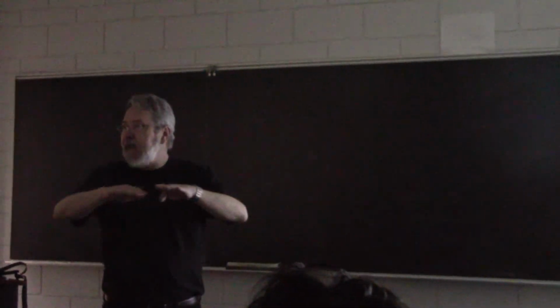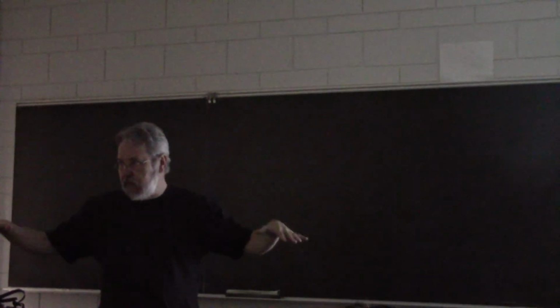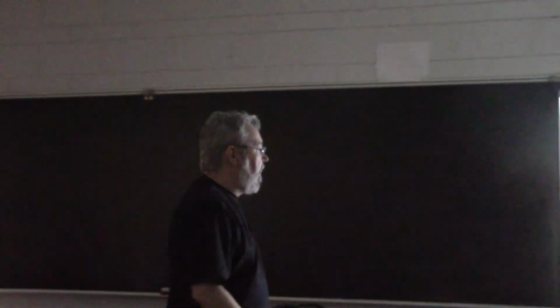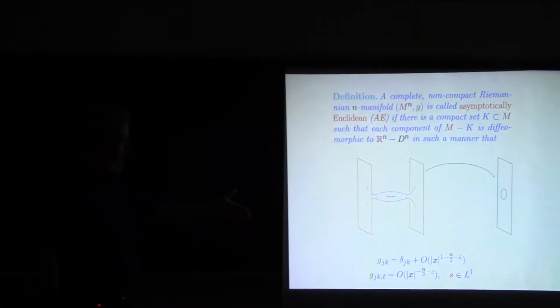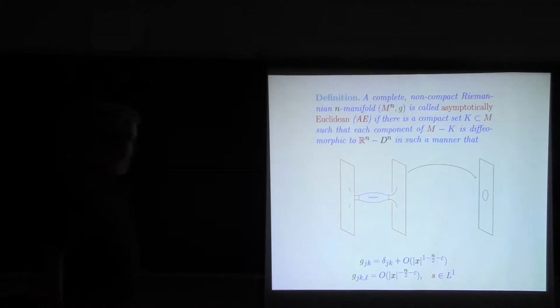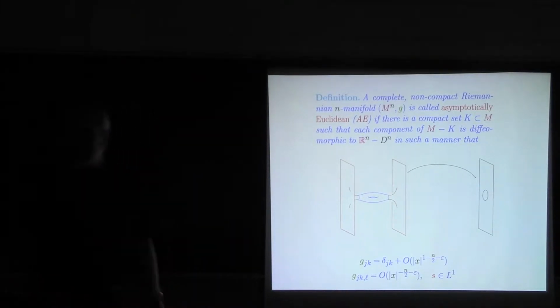But you can talk about an initial data surface, or a space-like slice, and it would have an induced Riemannian metric. So in that context, one could assume that the induced metric had this kind of behavior. It looks pretty much like the Euclidean metric at infinity, but with some slight perturbation.